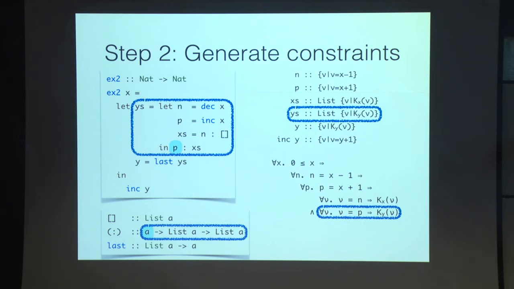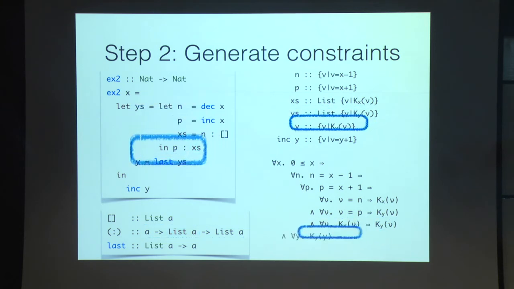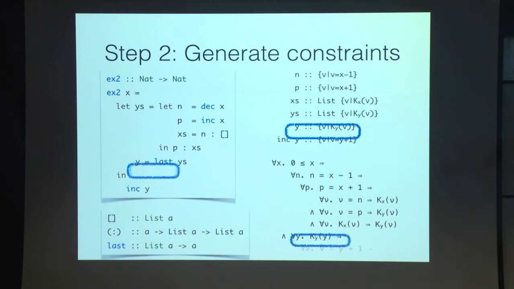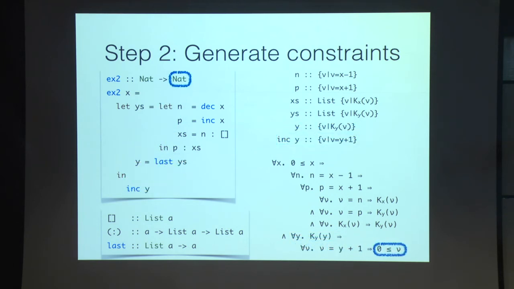And also xs, so all the elements of xs are getting dumped into ys. So kx implies ky. And then we have the remaining constraint that, given the type ky for y, y plus 1 has to be a nat.